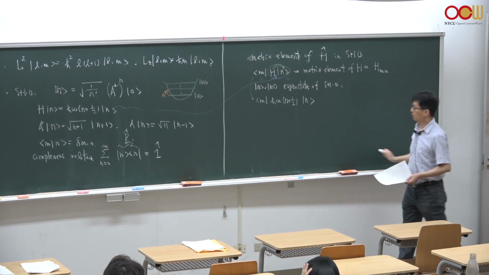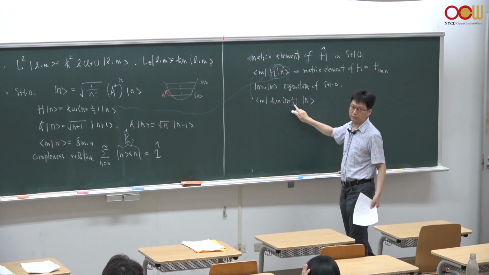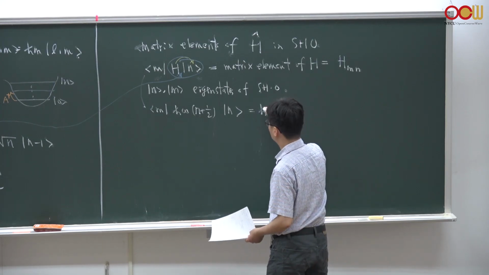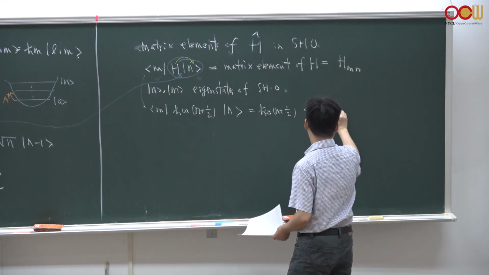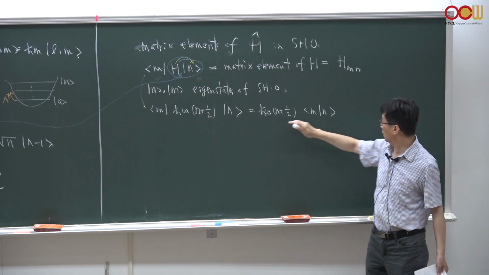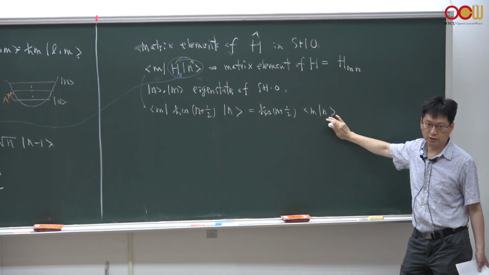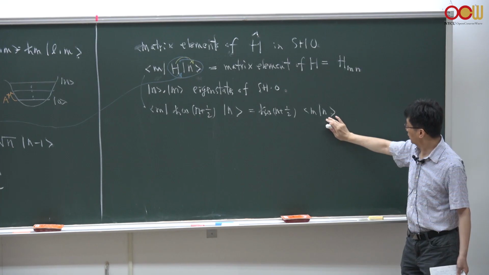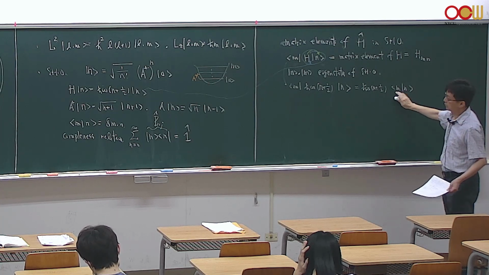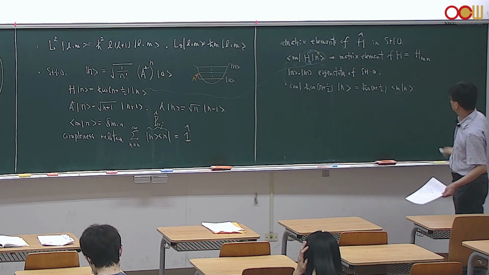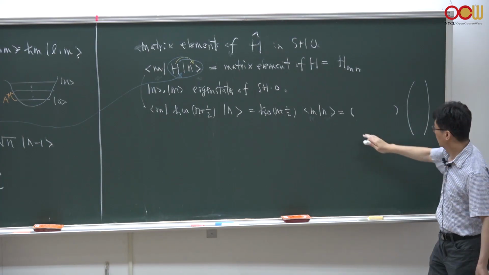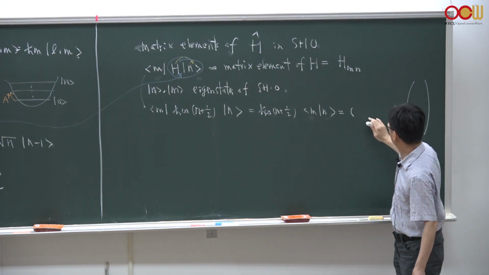But this h bar omega and also this n and 1/2 are just numbers, so you could just move this number around. Okay, so this gives you the number, the eigenvalue, times this matrix element, which is the inner product or dot product between the Dirac bra and the ket state. Remember, this state n as a Dirac ket state is what? Is a column matrix, right? And Dirac bra state is the row matrix.